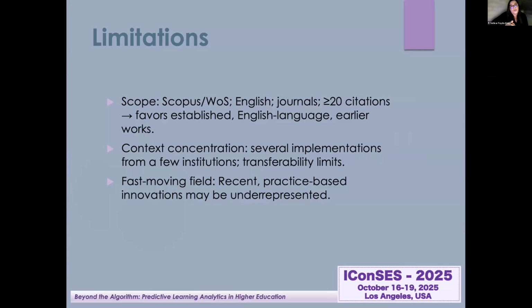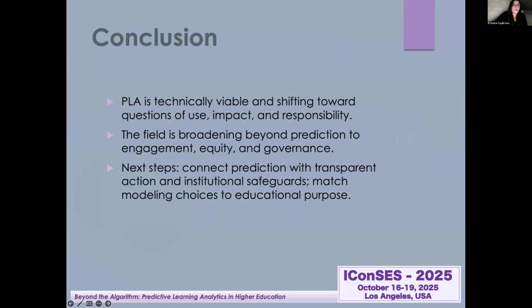This is also a very fast-moving field. Because I included publications with more than 20 citations, some practice-based innovations may be underrepresented.